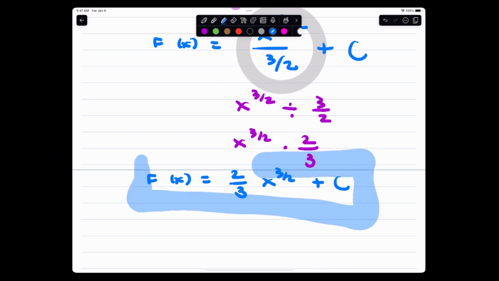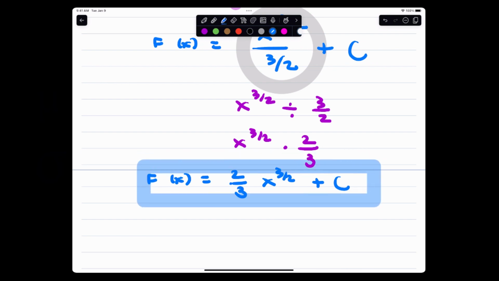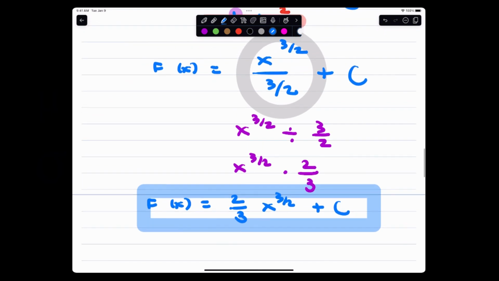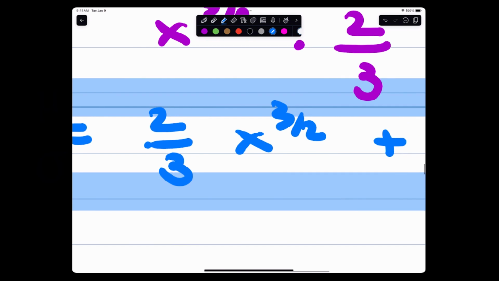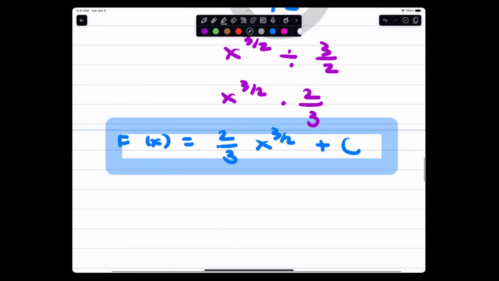So, ladies and gentlemen, here's your antiderivative function. And you might even look in the back of the book. Now, this answer is fine, right? But if you look in the back of the book, what might you see? You might see what?